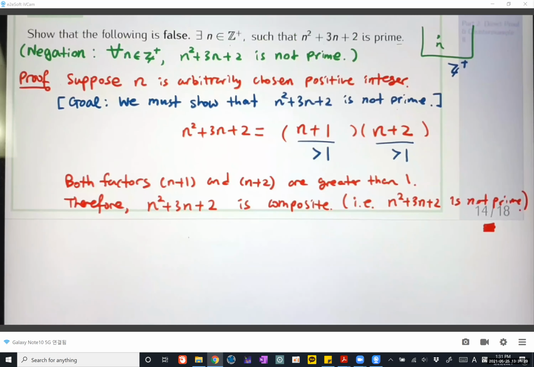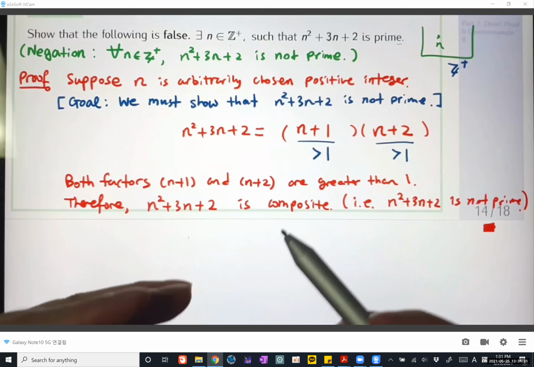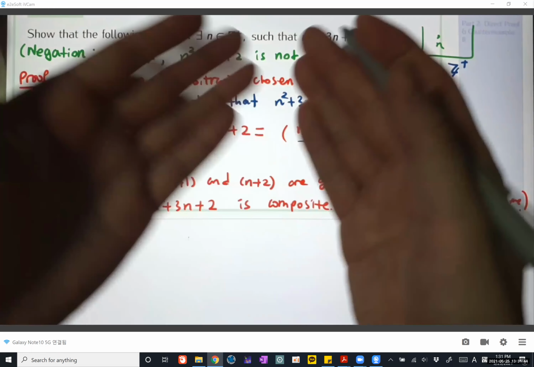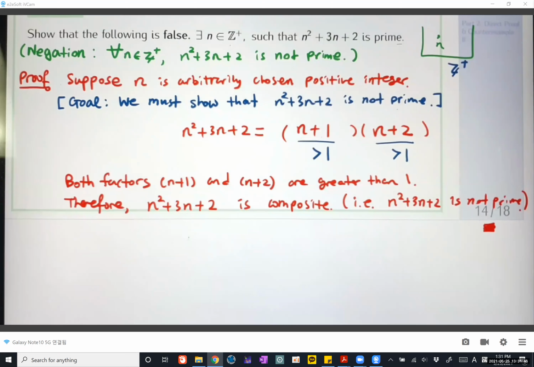Okay. Thank you, everyone. This is the end of part 1 of today's lesson. Part 2 will be more fun and shorter, and it's about rational numbers. Before I proceed to part 2, any questions so far? Are you following me okay with the last example? If you have questions, feel free to ask me.